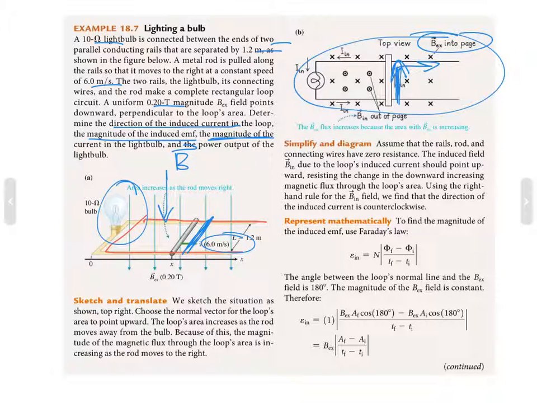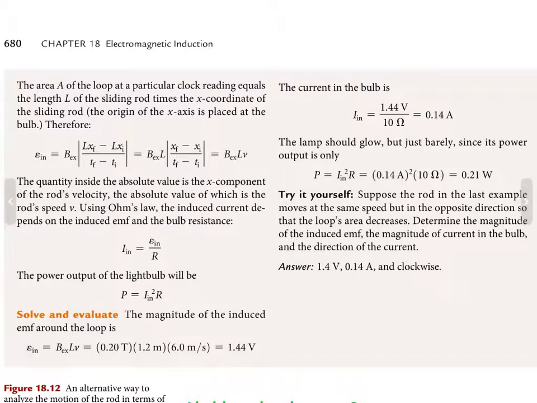The magnitude of the current we can figure out based on the equation for Faraday's law. If we go to this next page, the induced EMF, the number of turns is just 1, times the change in the flux per time. Well, that's just B times A times cosine theta. Cosine theta is 1.